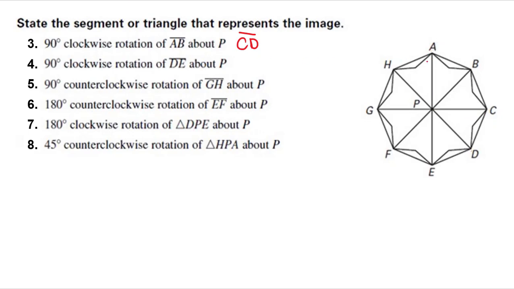And then we have DE. Clockwise rotation, going around my clock about P. So E's 90 degree rotation, there's my 90 degree angle, is G. D's 90 degree angle is F. Now 90 degrees counterclockwise of GH.